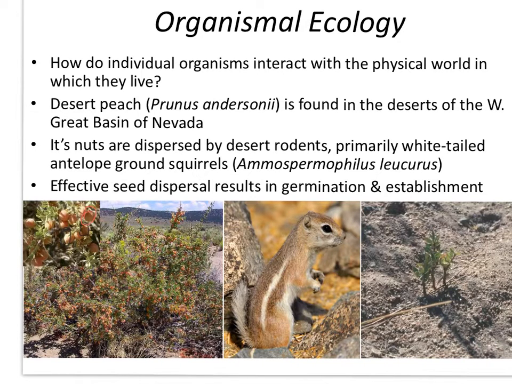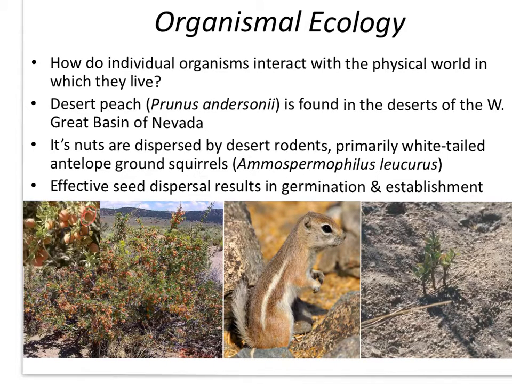And I found out there's no animals that actually eat the whole fruit. It's not very palatable. It's called desert peach. It's related to the peaches, but not like the ones so much in Asia. It's been a long time since they've been separated. It's more like an almond.